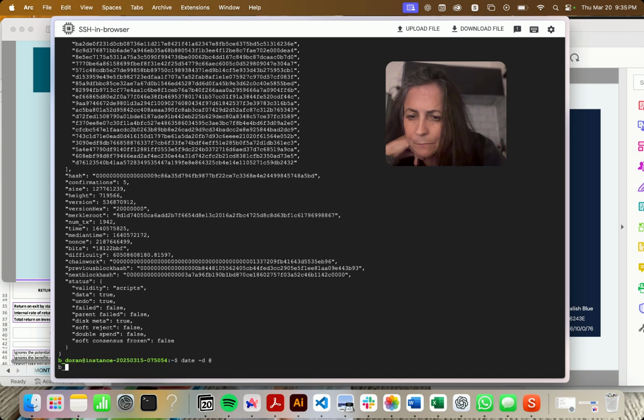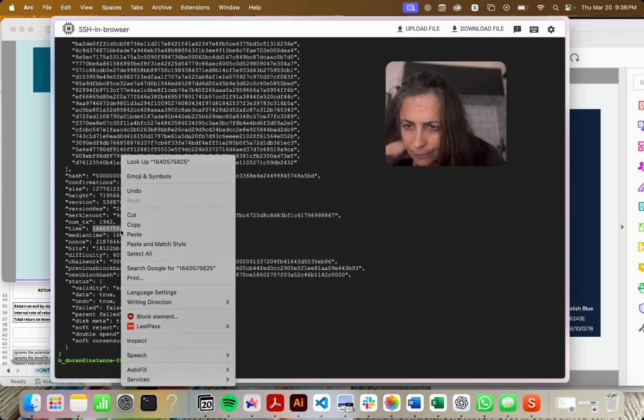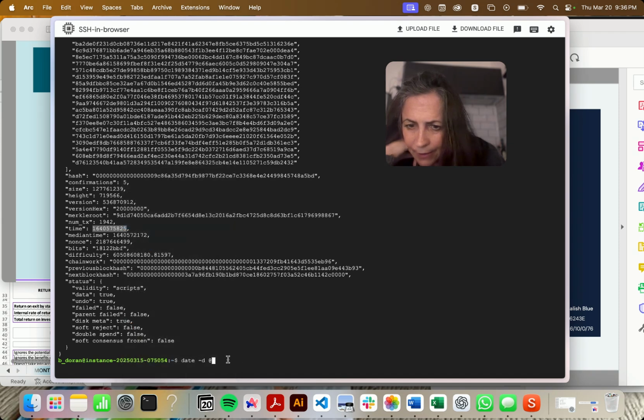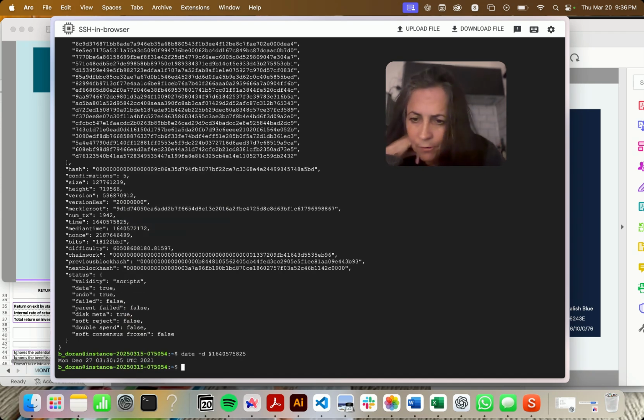All I want is this right here, where it says time. I want these numbers here, and we'll put it down here. Then we're going to hit return and look. So this block was from Monday, December 27th, UTC in 2021. So that's kind of cool.